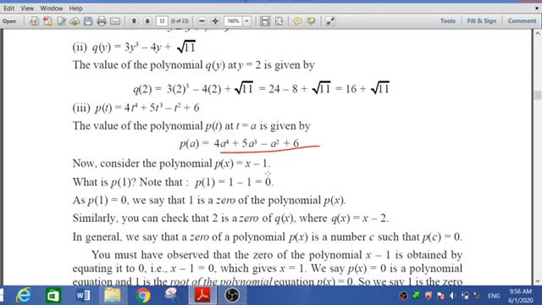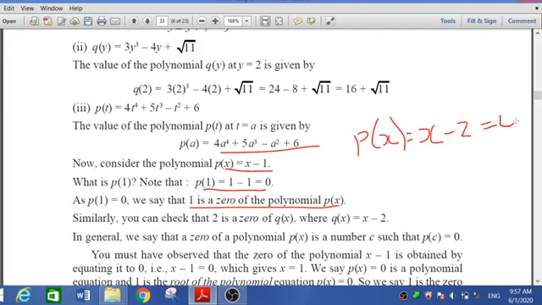Now again the example is zeros of polynomial. If we get answer 0, it is called a zero of polynomial p of x. Such types of questions may be asked. Now the question is p of x is equal to x minus 2. You have to find the zero of polynomial.